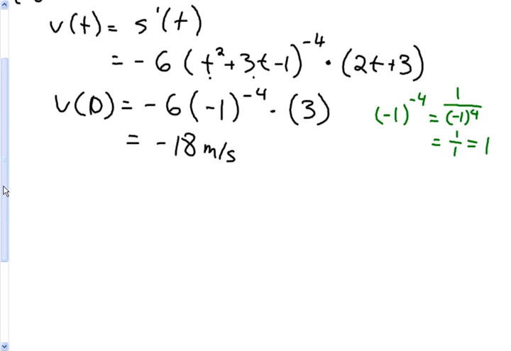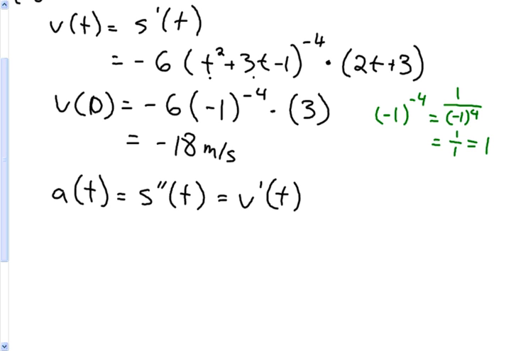Now that we've taken care of our velocity, we can move on to acceleration. This is going to be s double prime at t, or the derivative of our velocity function.